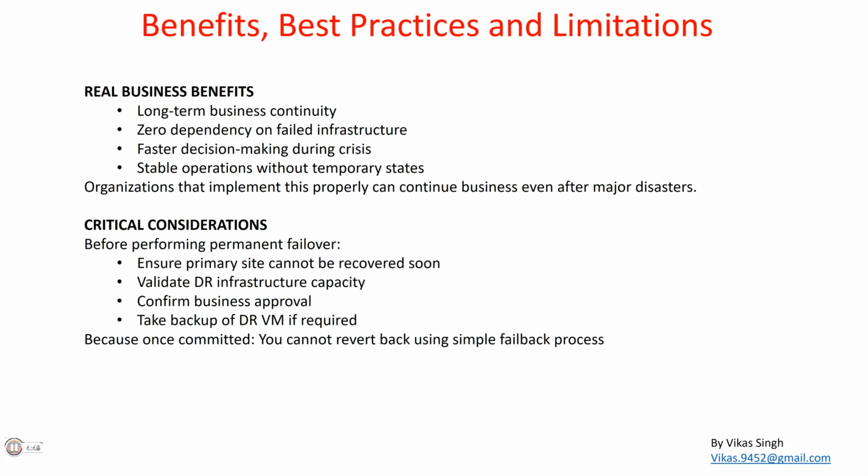Take proper business approval, because this is not just some technical stuff that you can do and then revert. It is a business decision, so you should have proper business approvals. Take a backup of the DR VMs if required, because once you commit a permanent failover, you cannot revert back using a simple failback process. This is a point of no return, where no easy way back is available to you.